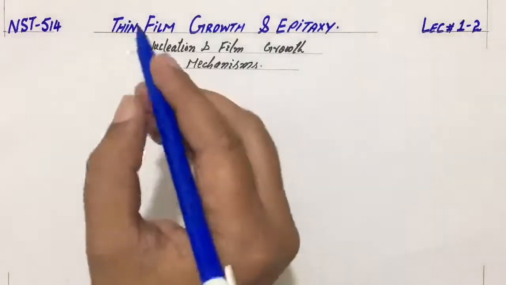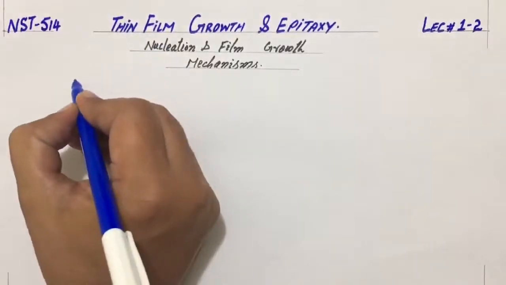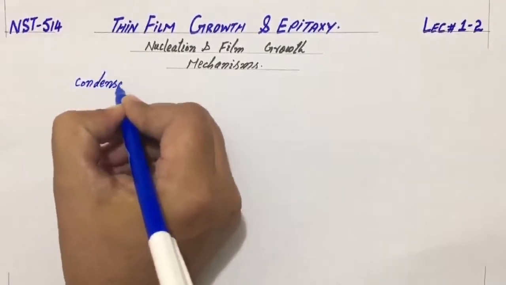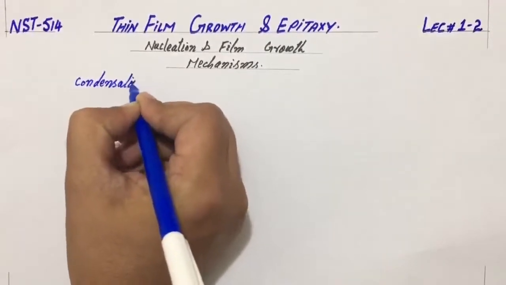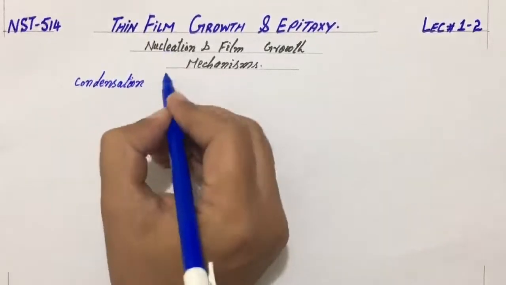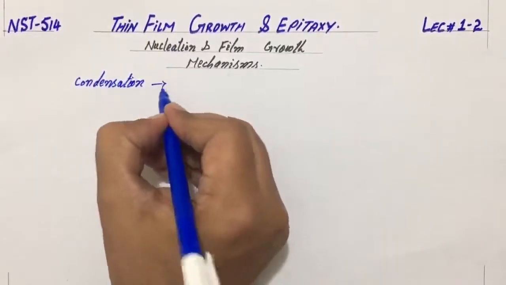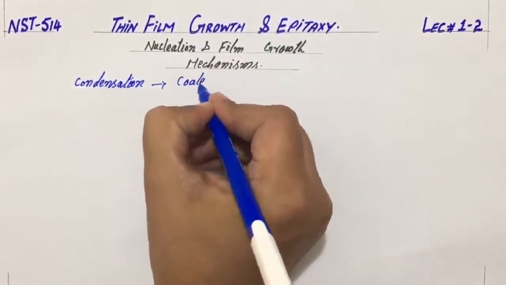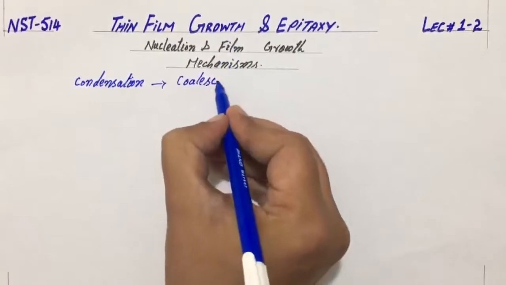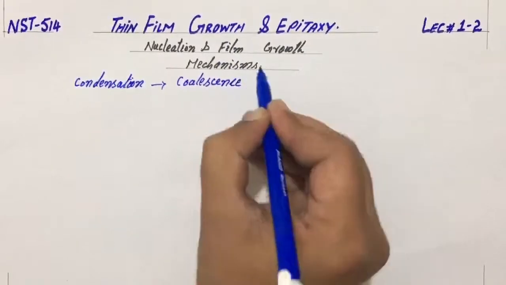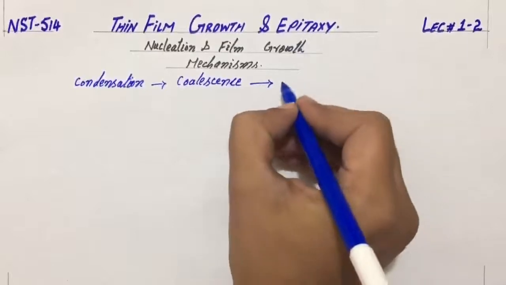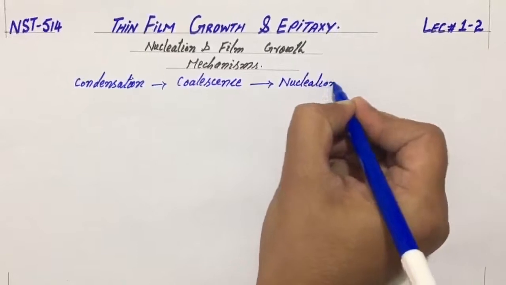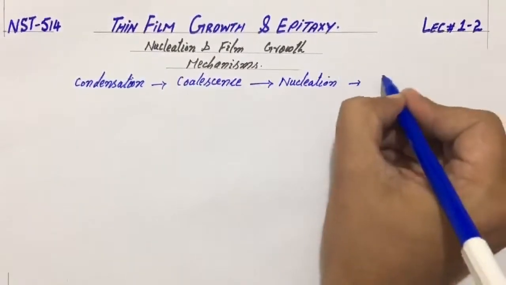So if we write down these main parts, they are condensation of the film, next is coalescence, next is nucleation, and growth.